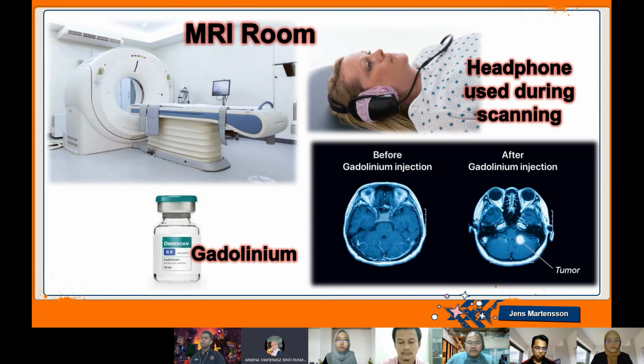In general, in preparation for the MRI examination, you will be required to wear earplugs or headphones to protect your hearing because many scanning procedures produce loud noises. For some MRI exams, a contrast agent called gadolinium may be injected into a vein to help obtain a clearer picture of the area being examined.